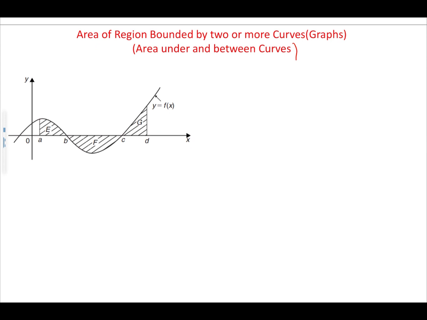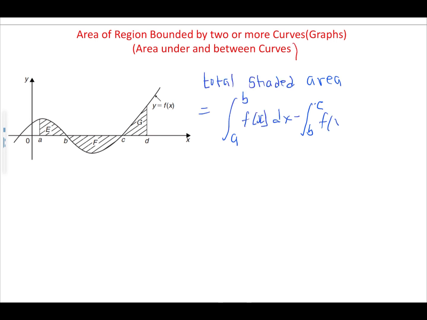For this diagram, we can say that the total shaded area is equal to the integral of a to b of f of x dx minus the integral of b to c of f of x dx plus the integral of c to d of f of x dx.